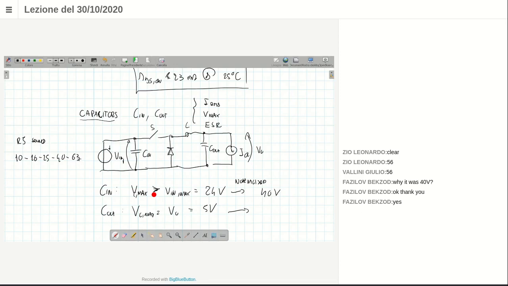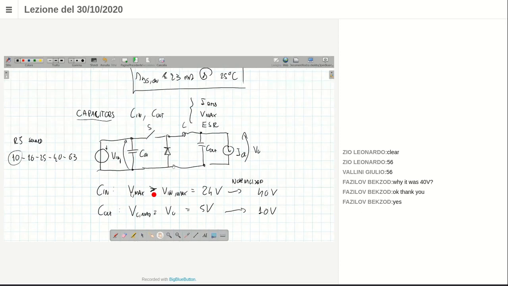In this series, the first value above 5 would be 6.3, but it is quite close to 5, so probably a better choice would be 10 volt. Okay. So first parameter to be chosen is the maximum voltage.